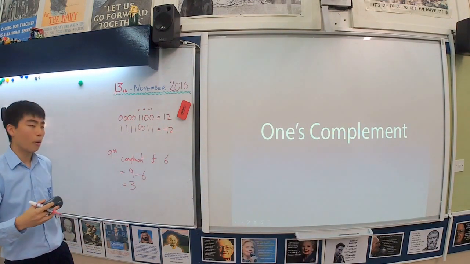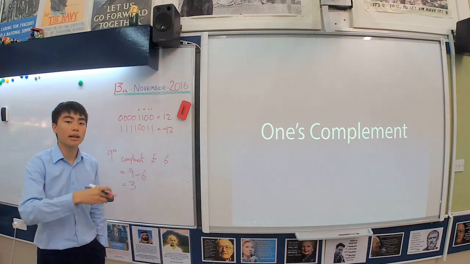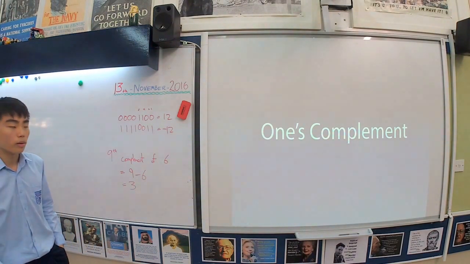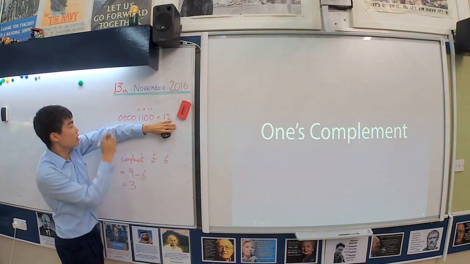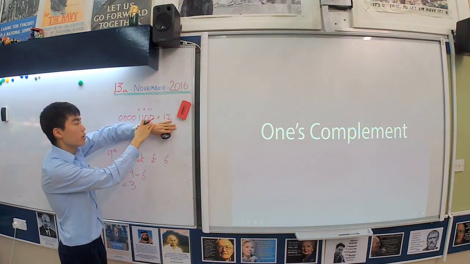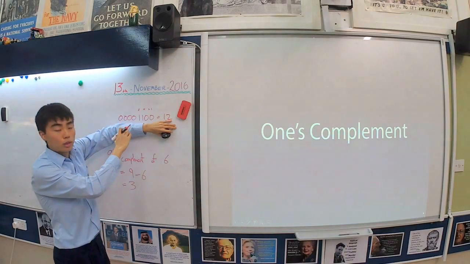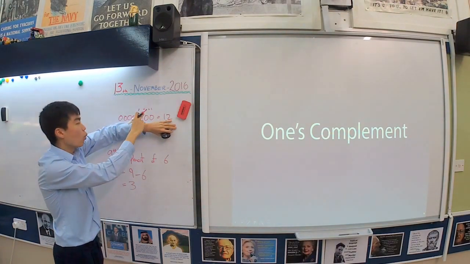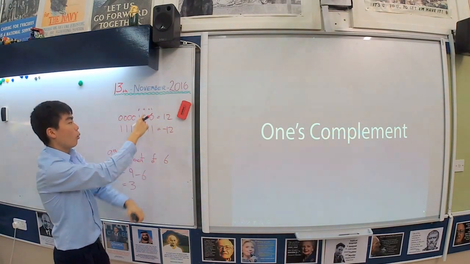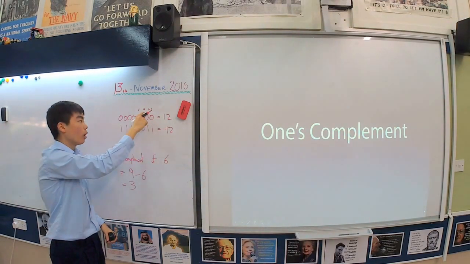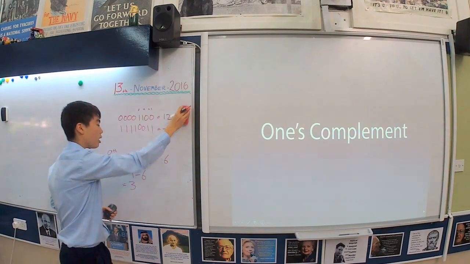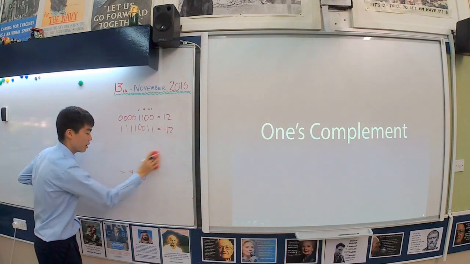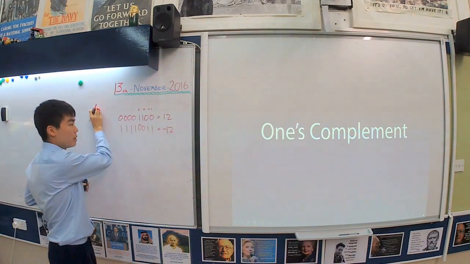If we did the 9th complement of 5, we get the answer 9 minus 5, which equals 4. So the reason it's called 1's complement is if we just had this number here, 0, 0, 0, 0, 1, 1, 0, 0, to each individual bit, we just do 1 minus that digit. So we do 1 minus 0 to get 1, 1 minus 0 to get 1, 1 minus 1 to get 0, and so on. And that's why it's called 1's complement. We're literally just getting the complement of 1 for every individual bit.